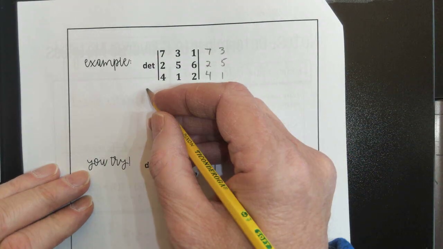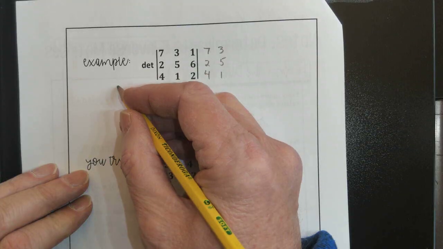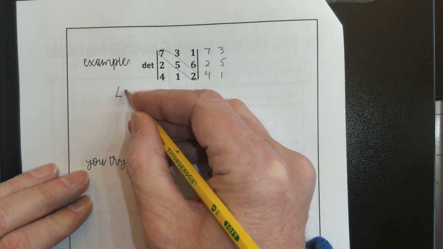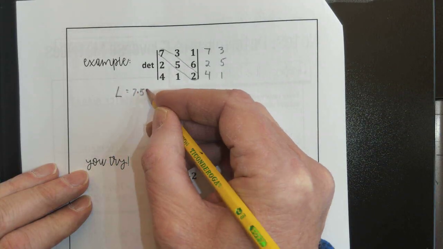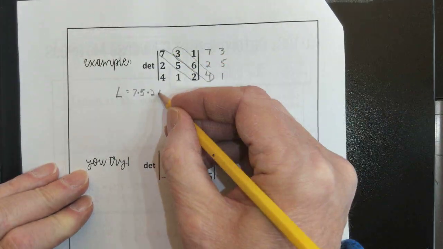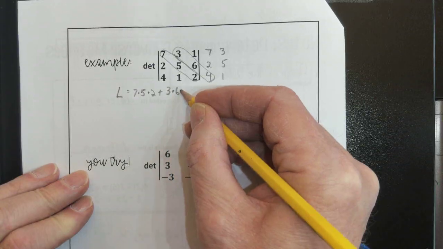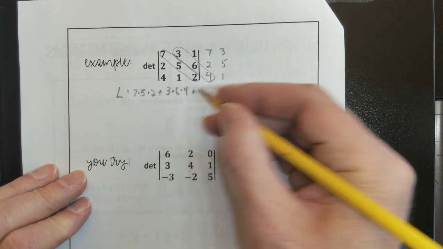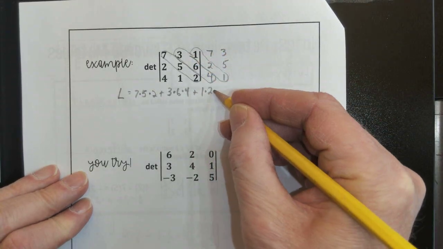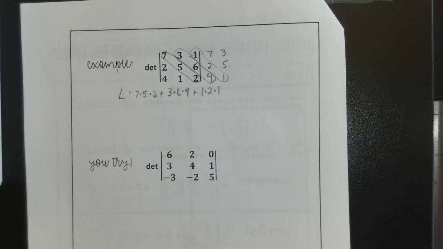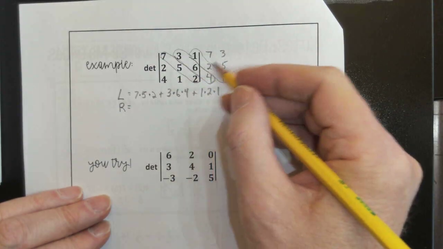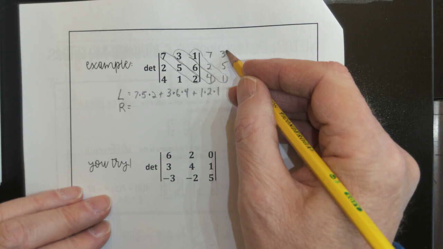Now, the left value, I'm going to take 7 times 5 times 2, plus 3 times 6 times 4, plus 1 times 2 times 1. The right, you start at the upper right now. You guys with me?